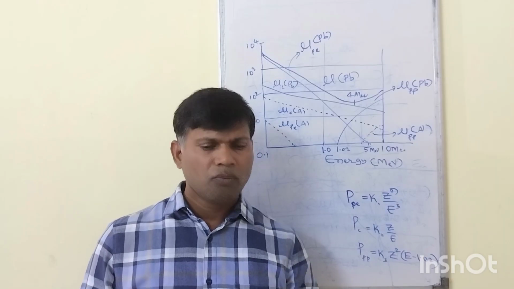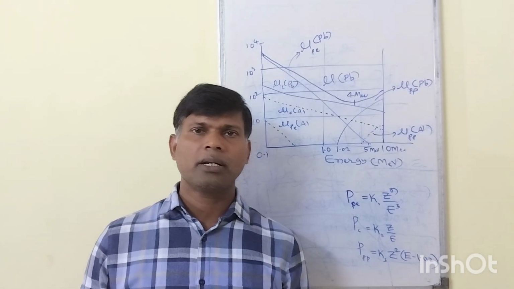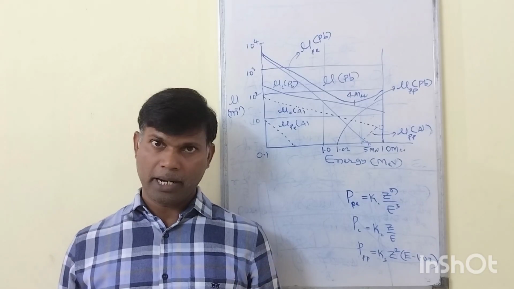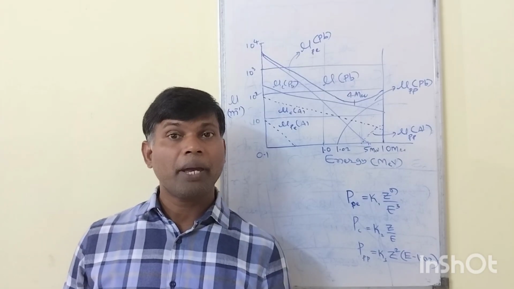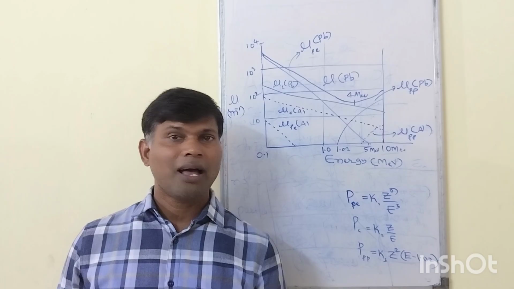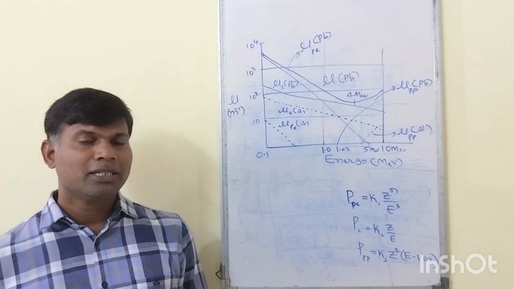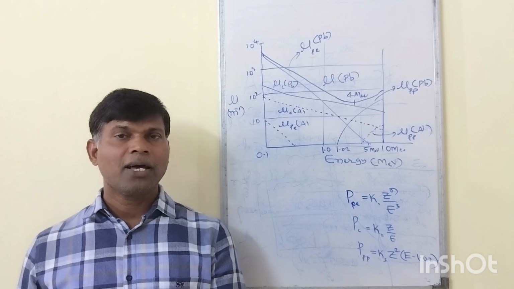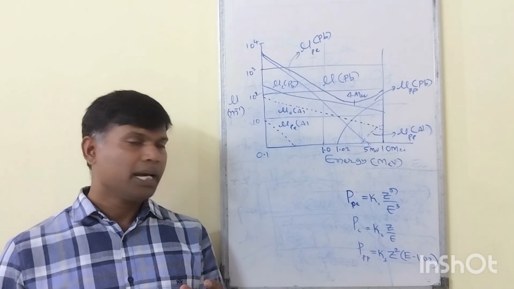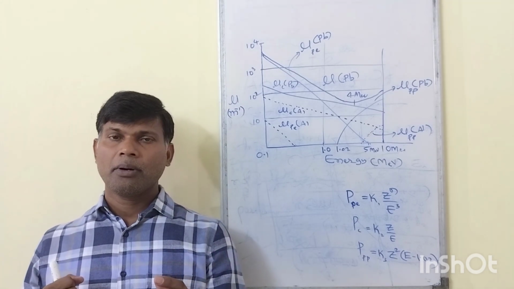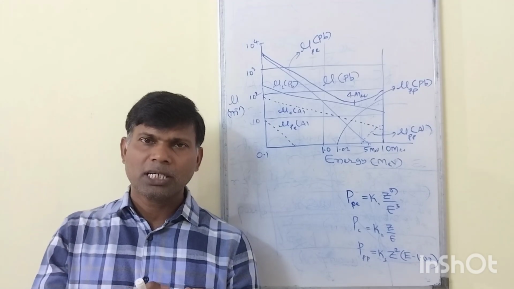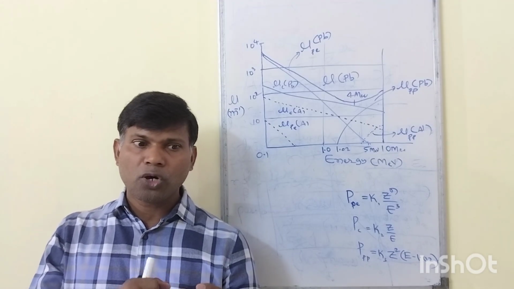Why? For pair production, aluminium needs a higher energy gamma ray. I told you the pair production takes place when the gamma ray goes very close to the nucleus.